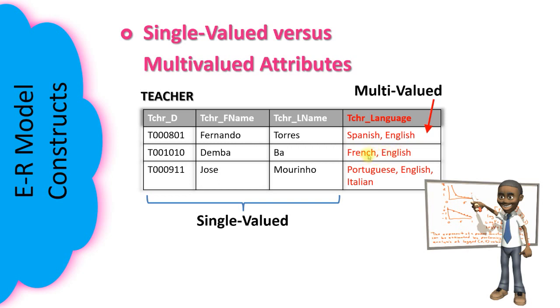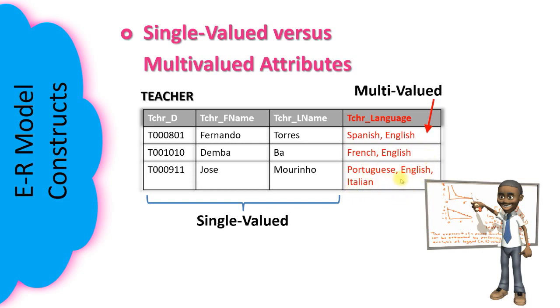So you can see there are two data values entered in this cell, in this small box, under this field or attribute. Again, Jose Mourinho is able to speak three different languages. So there are three data values stored together in this small box.